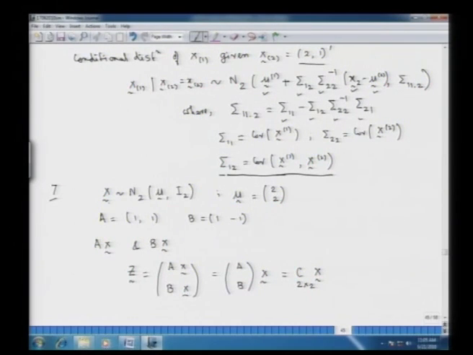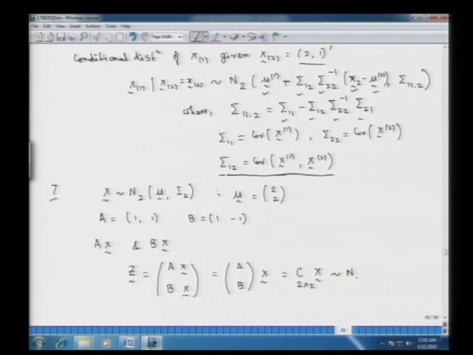Now X has a multivariate normal distribution. In the theory lectures we proved that Cx also has a multivariate normal distribution, so no need to look at it fresh and take linear combinations and argue that every linear combination has a univariate normal distribution, and hence the joint distribution would be multivariate normal. So this is going to have a multivariate normal distribution with mean vector as the expectation of Cx and the covariance matrix as the covariance matrix of this Cx, which we can obtain very easily.